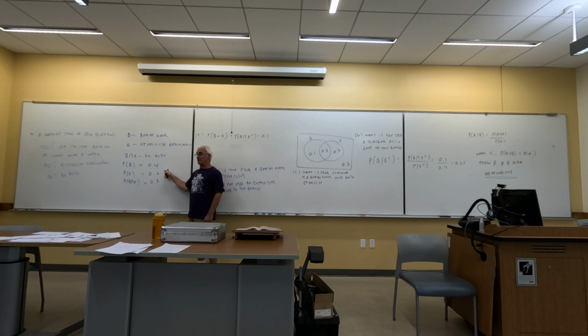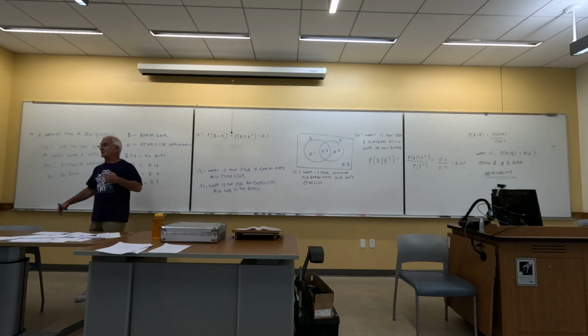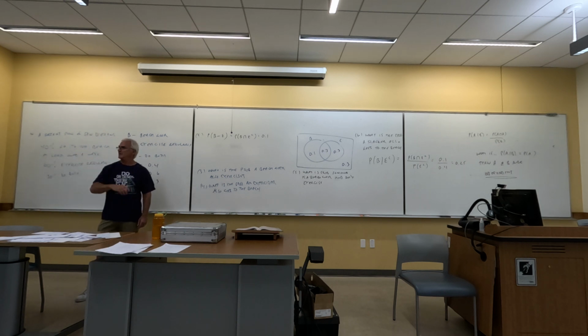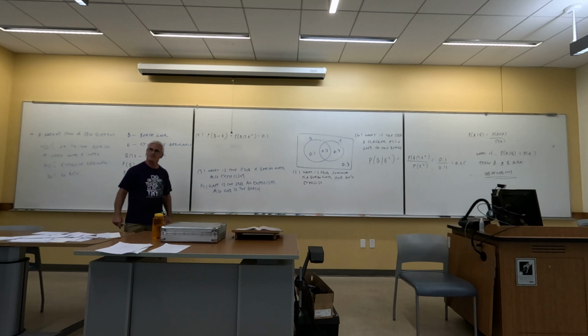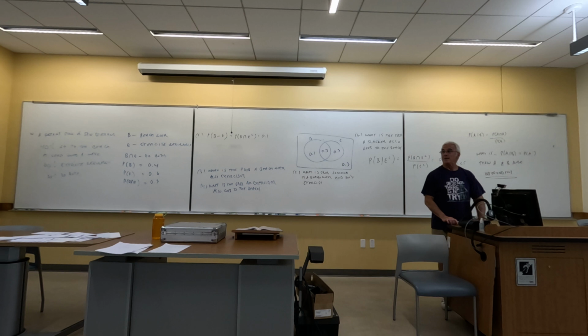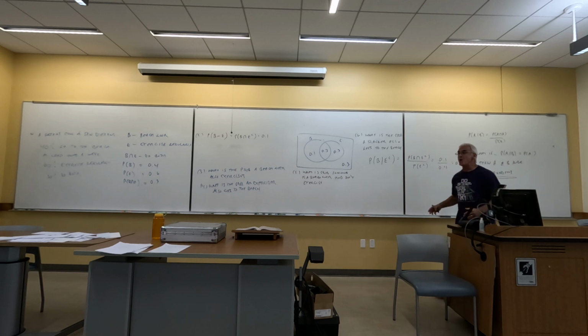My conditional probabilities were not equal to the given individual probabilities. So we would say they are dependent, or not independent. The vast majority of the time, they're going to be dependent. But every now and then, knowing something occurred may not have any effect. Interesting. Okay?